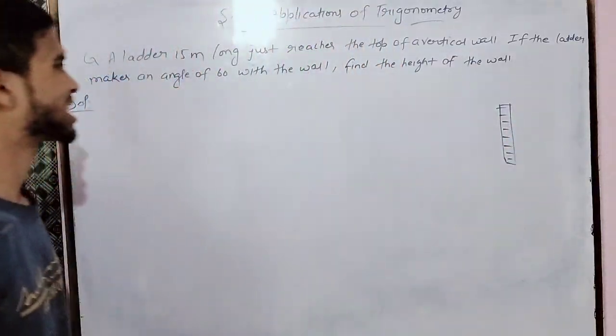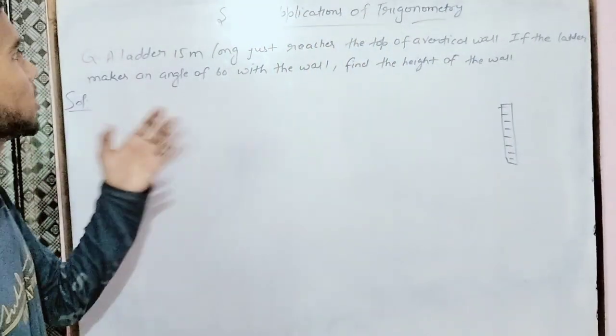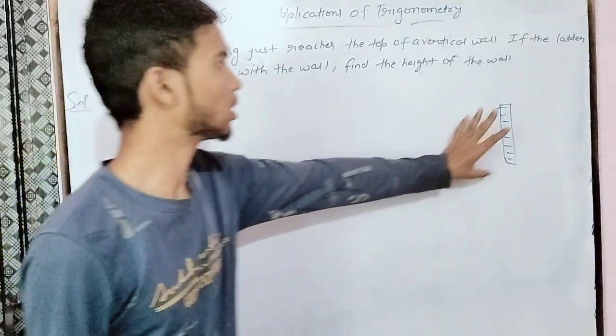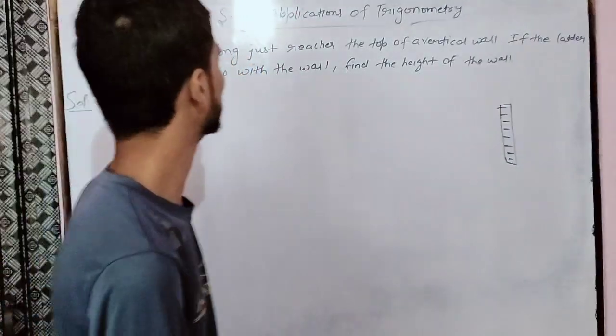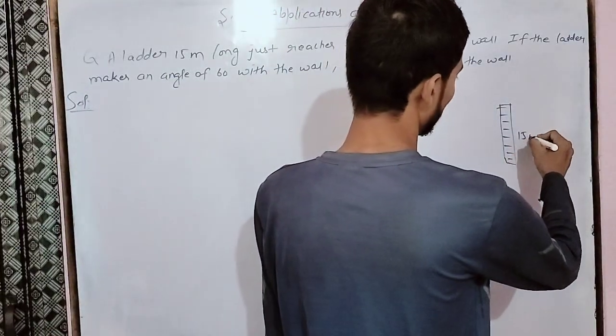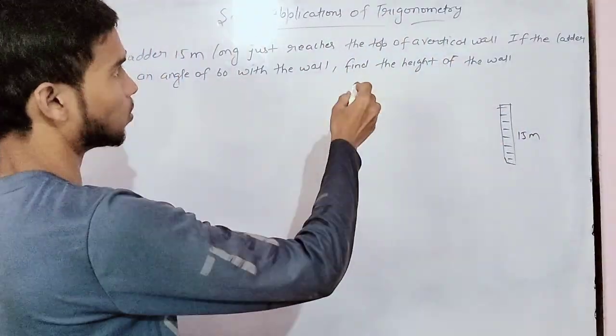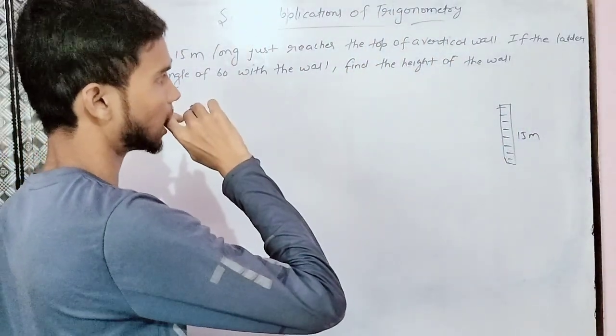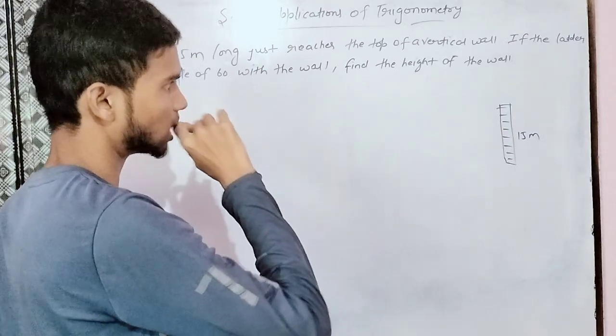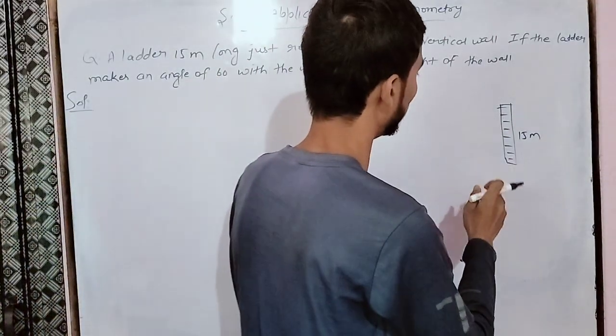Now, the ladder is 50 meter long. The length of the ladder is 50 meter. It reaches the top of the vertical wall.